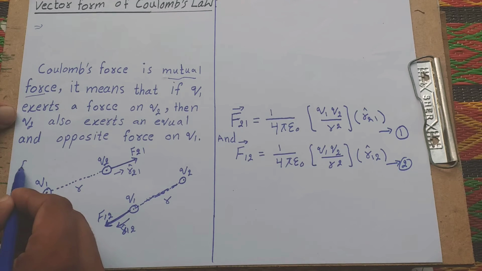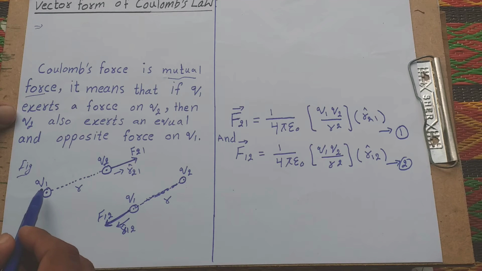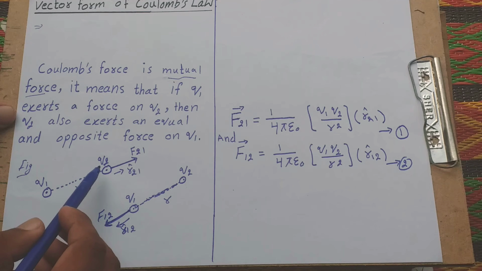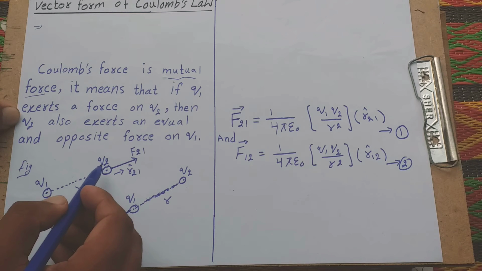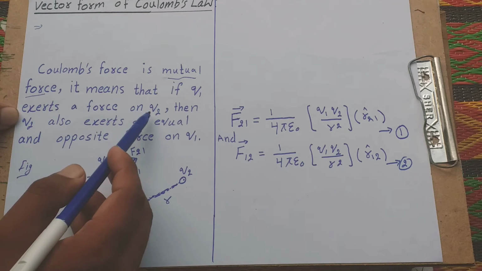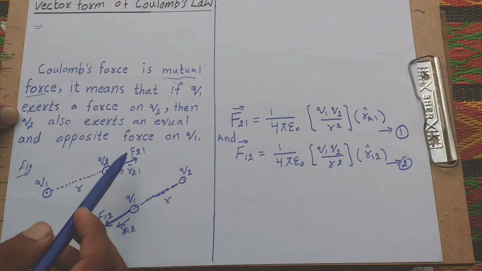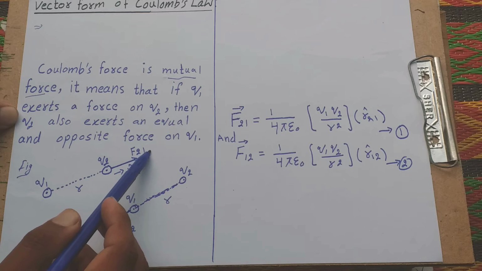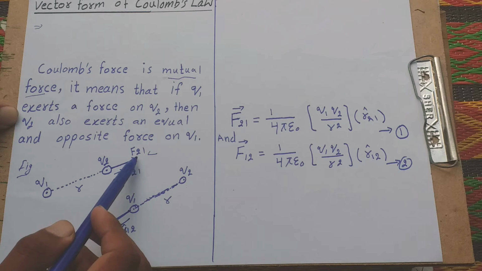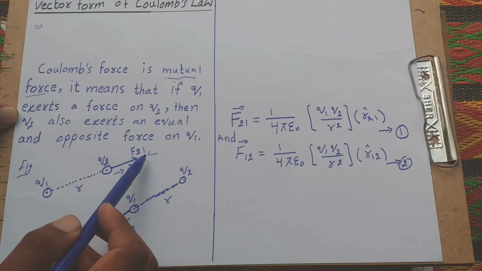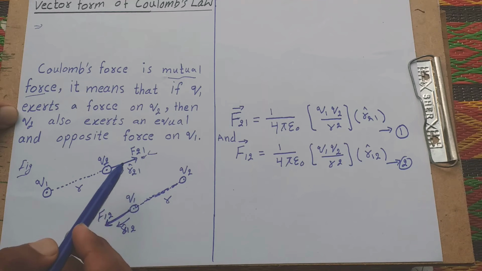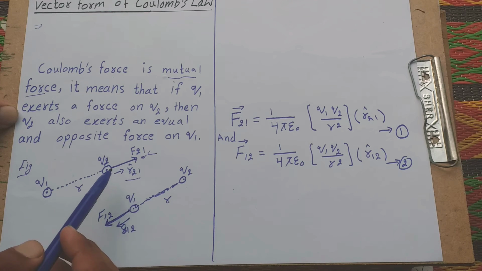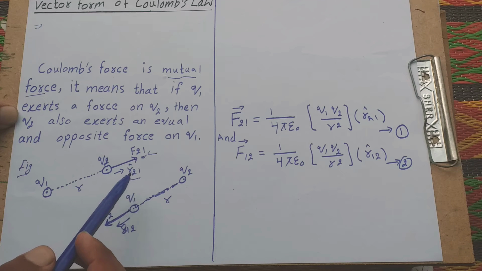We understand from the figure: these are two charges, q1 and q2, separated by a distance r. If q1 exerts a force on q2, the force is F21, and r21 is a unit vector.